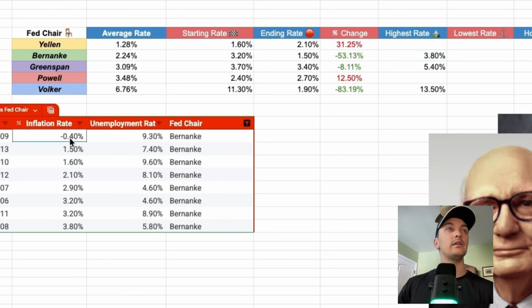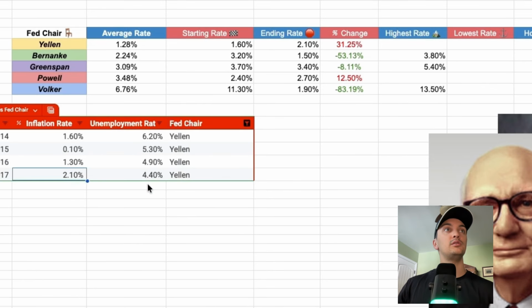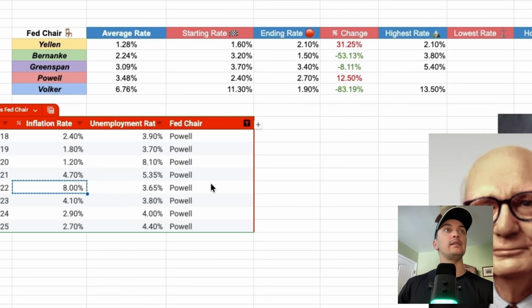Looks like he had negative inflation, deflation, I guess you might call that, in 2009. And who are we missing? Yellen. Yellen highest was 2.1, and Jerome highest 8 in 2022. Big print there.